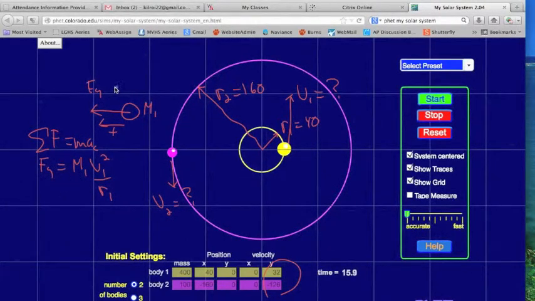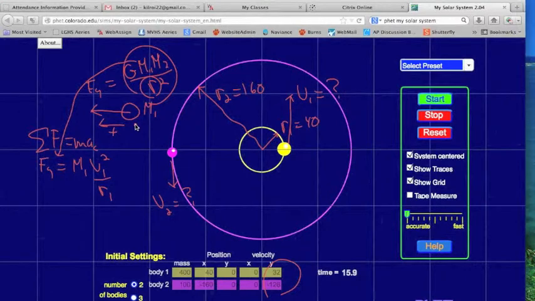And the force of gravity, we know, is G m1 m2, the product of the masses, over r squared. And so that's going to go into here. But what is this r? What number would you put for that? I'm going to wait a second. Based on what I have here, what number would you put? Would you put 40?